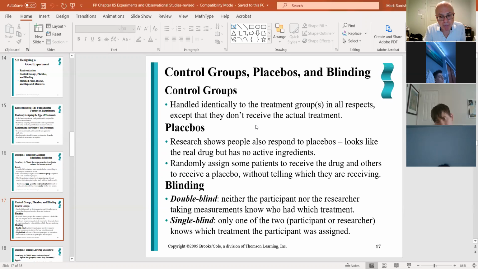So double blind is the best type of experiment if you can do it. Single blind is obviously the second best. Single blind could also mean that the participant does know what they're getting, but the researcher, or the person administering the drug, doesn't know. That's also single blind. But double blind means both don't know.